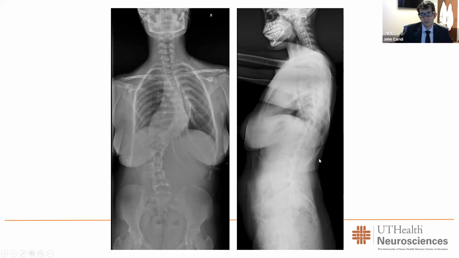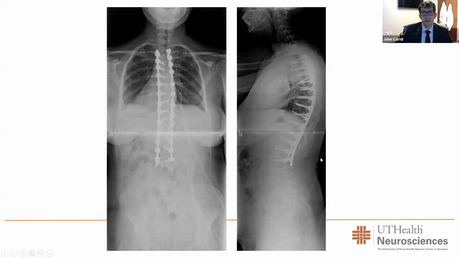And so we actually need to consciously correct her thoracic kyphosis. And so when we correct her scoliosis, we build that kyphosis into her thoracic spine, and then you can see how her cervical spine reacts to that and maintains her gravity line.